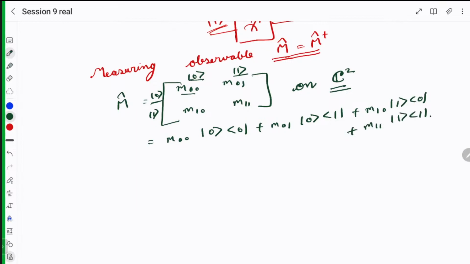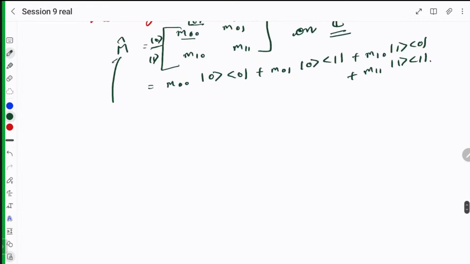Now, let's say this measurement operator has some eigenvalues lambda 1, lambda 2. Then on measurement, we will get either lambda 1 or lambda 2.